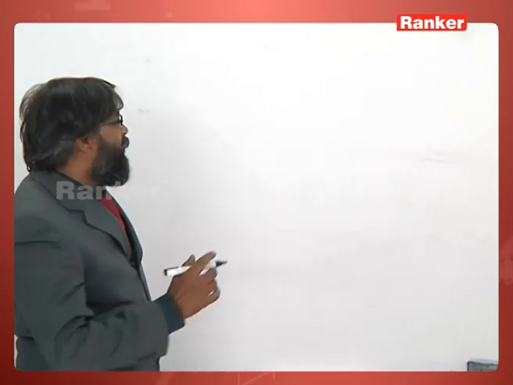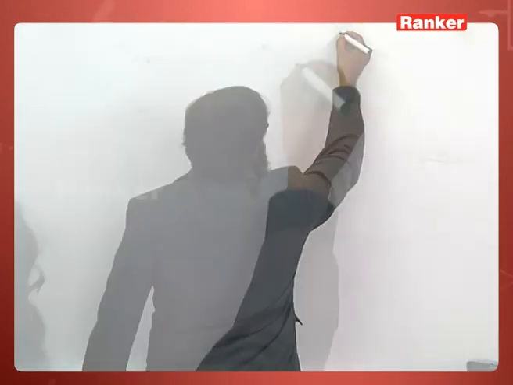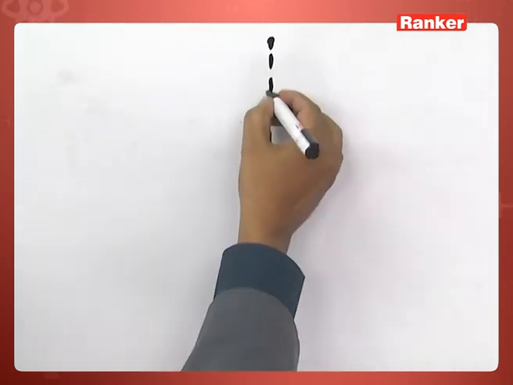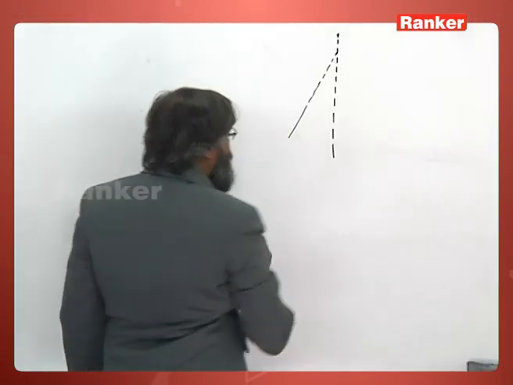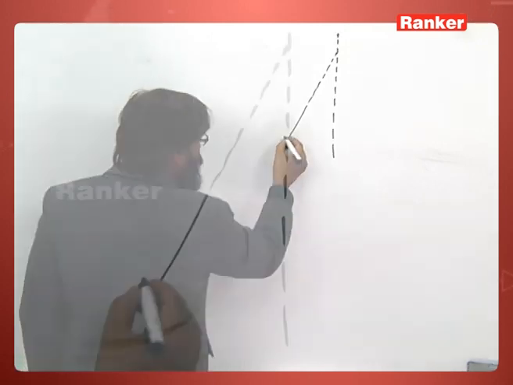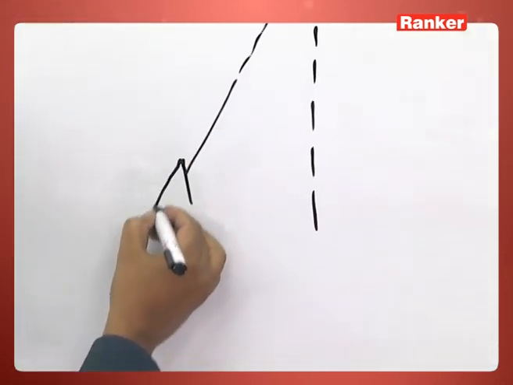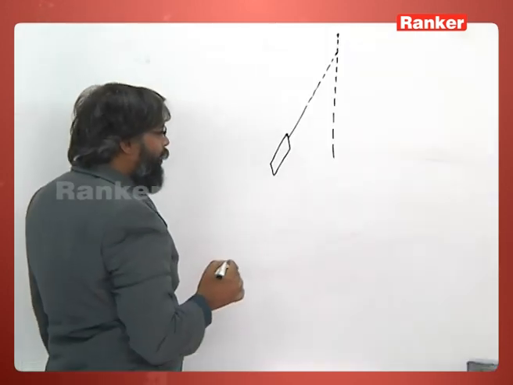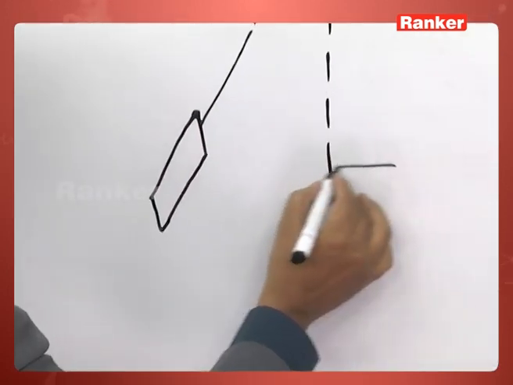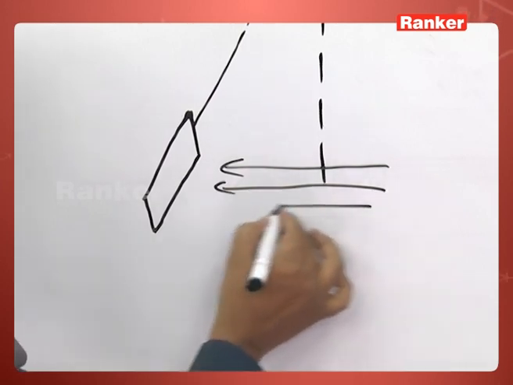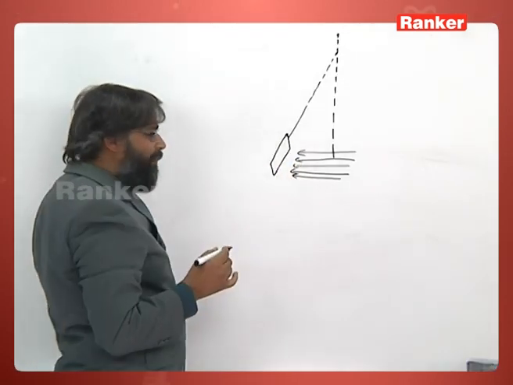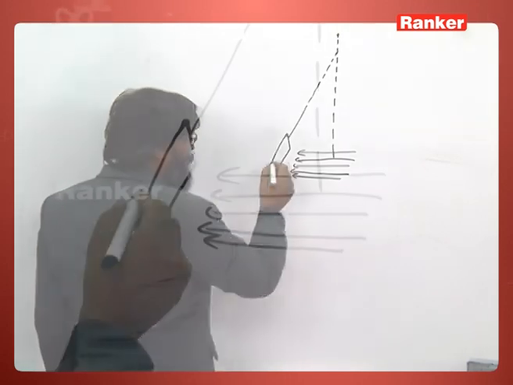So now let us solve a problem on radiation pressure. Let us assume a plate like this, on which radiation falls from this direction, and this plate is levitated because of radiation pressure.